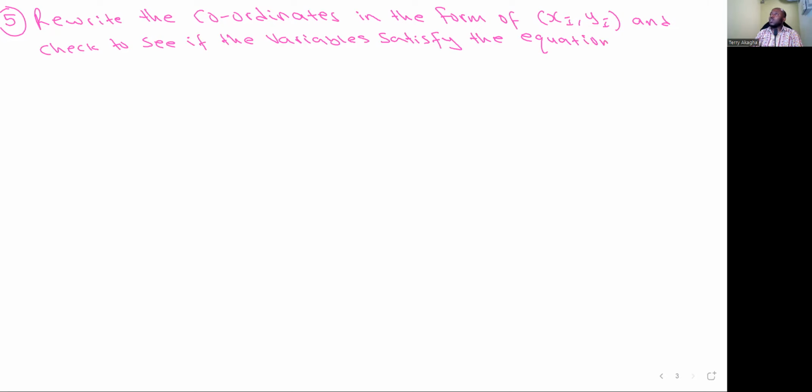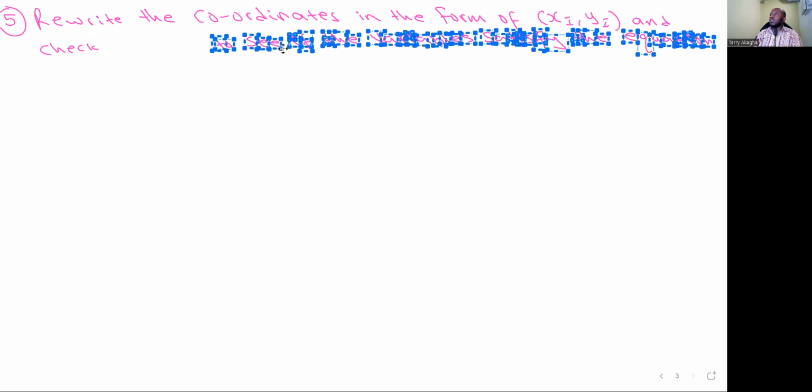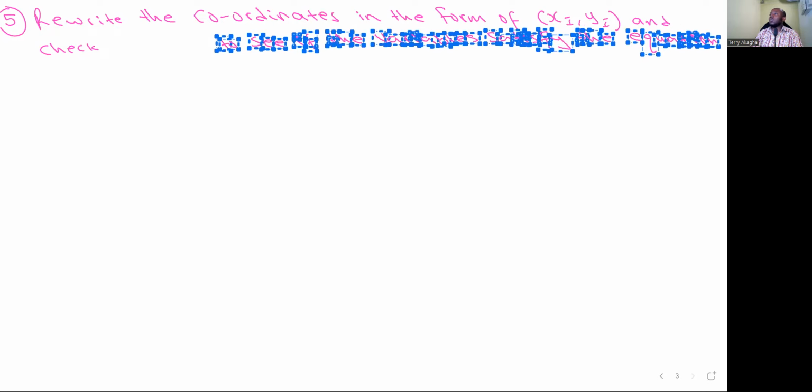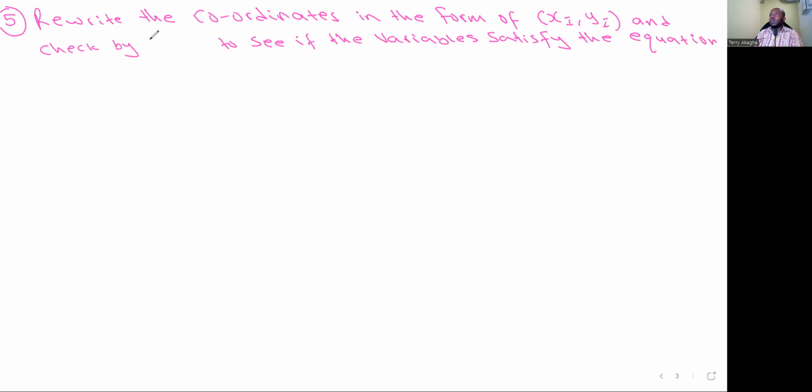So the way to check is that you have to substitute. So you check by substituting to see if the variables will satisfy the equation. Now, this step is not really necessary, okay? The checking is not really necessary. It's just if you have extra time and you want to be sure, then you can check, okay?